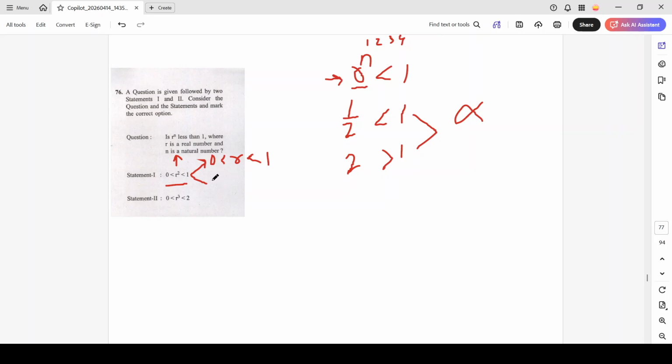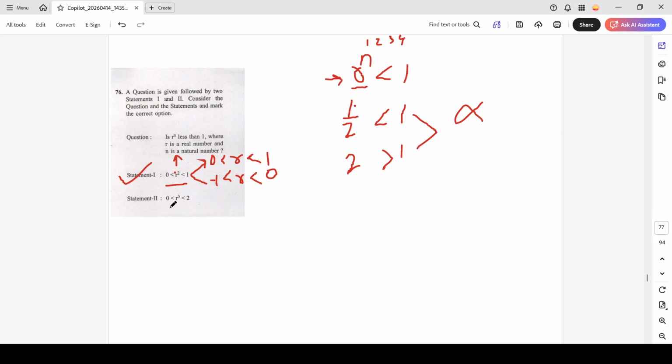Another is if r is between minus 1 and 0, then also the value will be r square. So in this case, I am clearly able to see that r to the power n will be less than 1 in both cases. That means statement 1 is clearly answering the question.